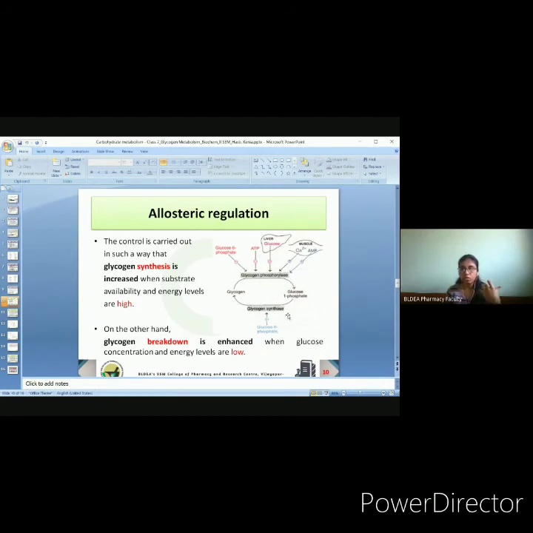So now further glucose degradation is not required. ATP is sufficient, glucose is also high. Under such conditions, the synthetic pathway will be activated with the help of glucose 6-phosphate, while glycogen phosphorylase, that is the degradative pathway, will be activated as well as inhibited depending on the requirement of the body. Understood how this allosteric regulation takes place?